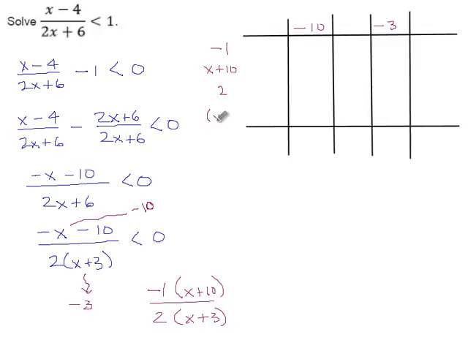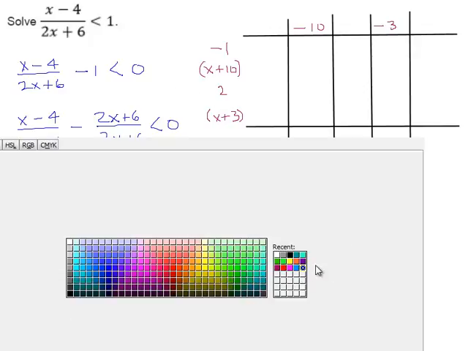And then we have our x plus 3. So we'll look at the signs of all those pieces, and when we're done, then we'll look at the total effect of doing minus 1 times x plus 10 over 2 times x plus 3. And from that, we'll see if we have any solutions or not.